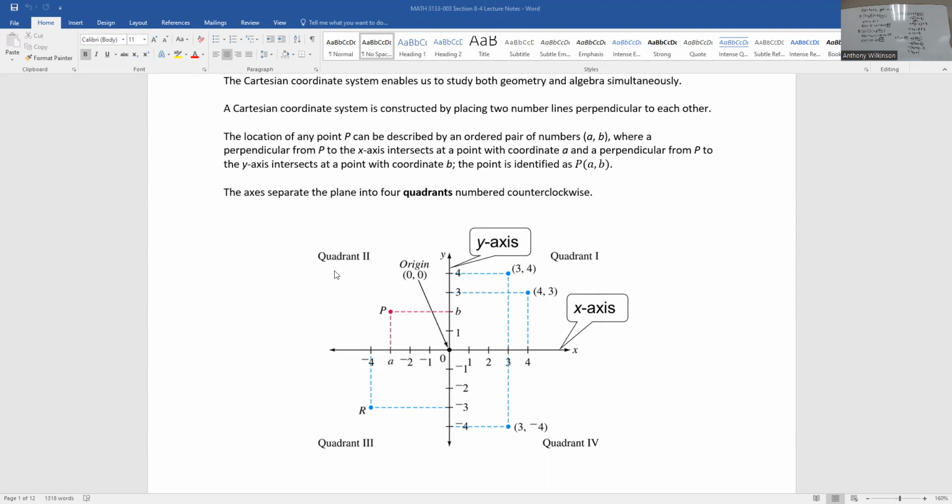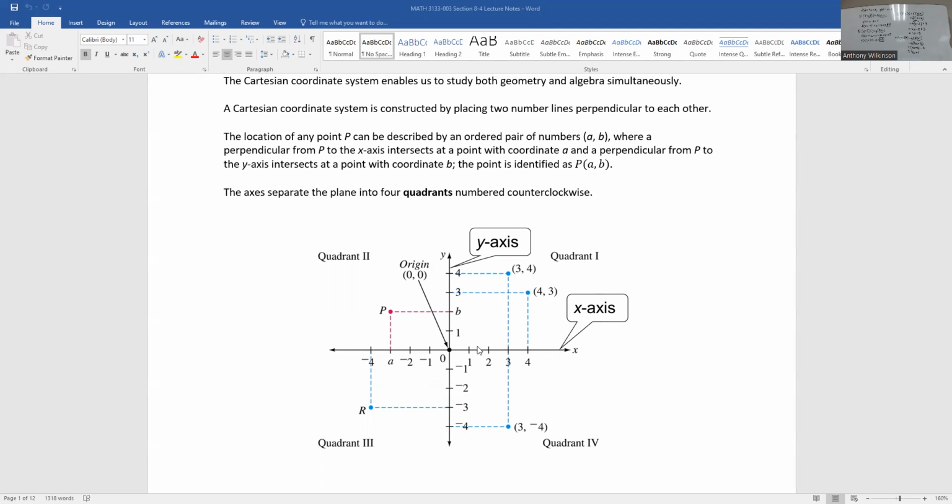That's where your x coordinate is negative, as you can see, and the y coordinate is positive. Quadrant 3 is in the lower left-hand corner. Both the x and the y coordinates are negative. And finally, quadrant 4 in the lower right-hand corner, only the x coordinate is positive and the y coordinate is negative.